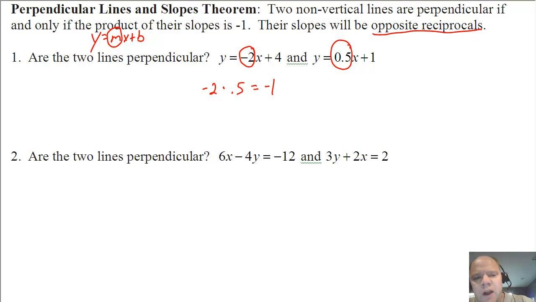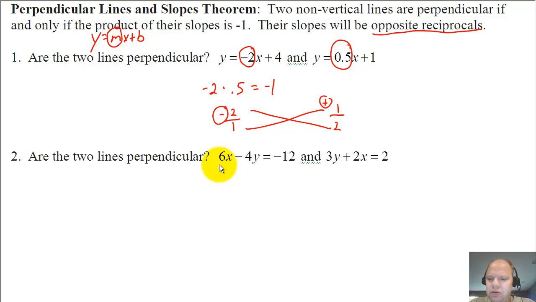If I write those as fractions, one would be -2 over 1 and the other one would be 1/2. You'll notice that their fractions are flipped over and their signs have been changed. This one would be positive. So the easiest way to see it is to look to see if their slopes are negative reciprocals of each other.